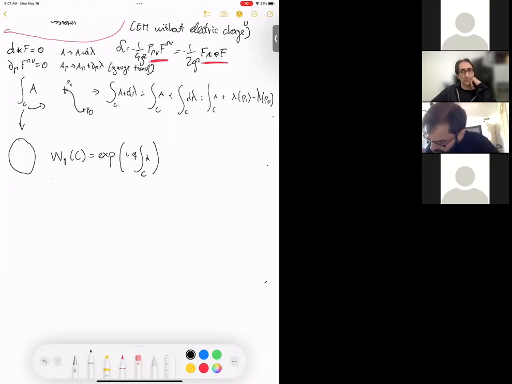For instance, you compute F mu nu at a point X. This operator is not associated to a single point X, rather it is defined over a closed curve. So this guy is called the Wilson loop.